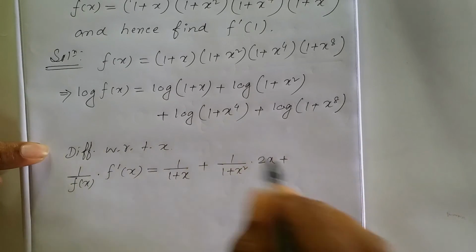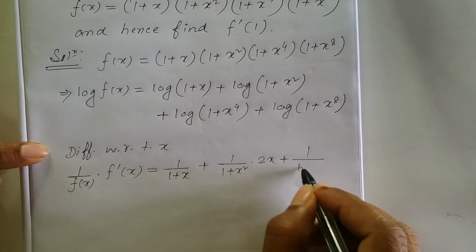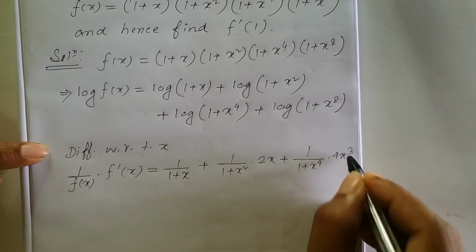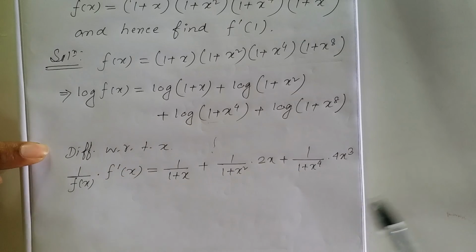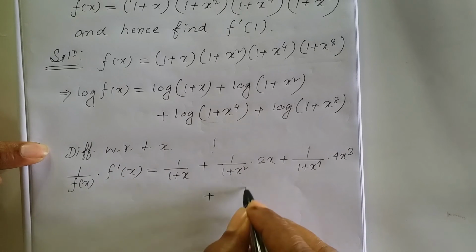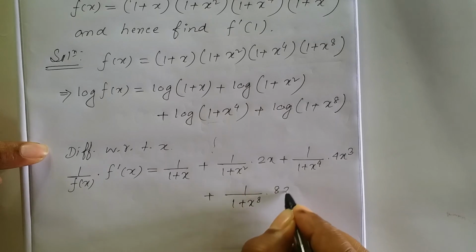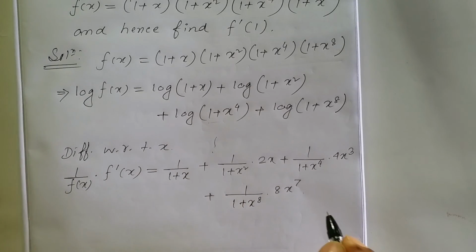Then again plus 1 by 1 plus x to the power 4 into 4x cube. Then plus 1 by 1 plus x to the power 8, derivative is 8x to the power 7.